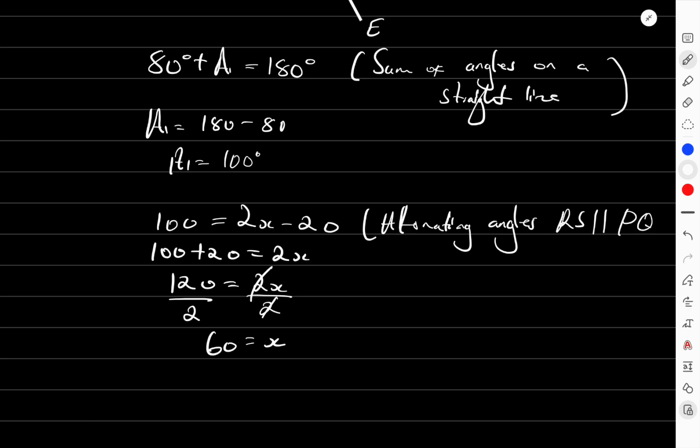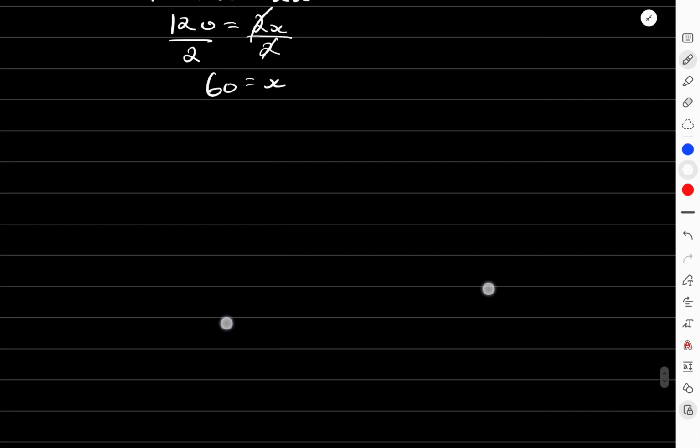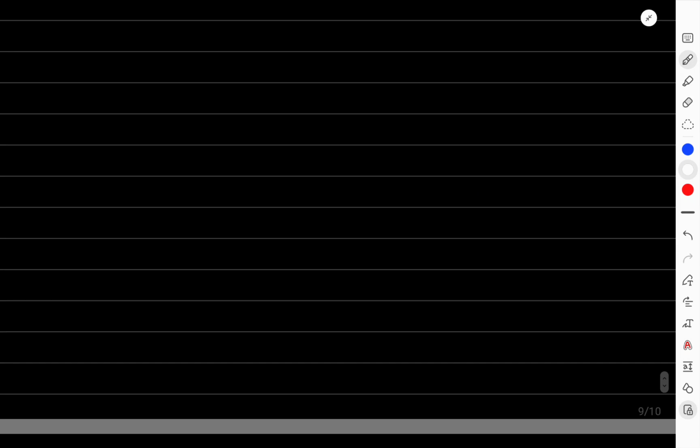Now let us go to the last shape, which is known as co-interior angles. We have co-interior angles. Now co-interior angles are angles that are found.